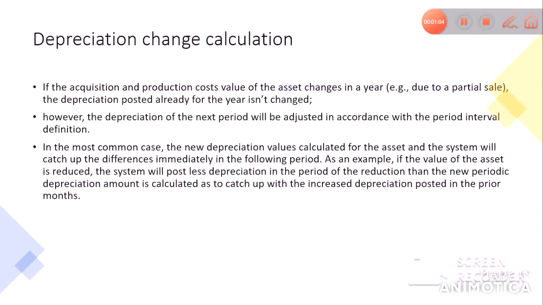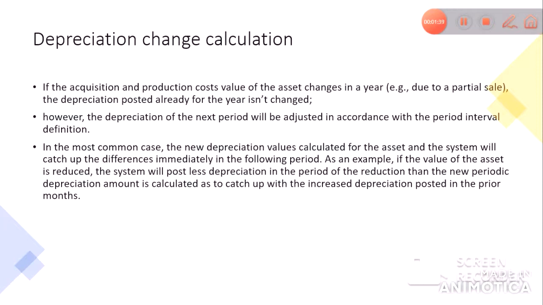Depreciation change calculation. If we change something in the depreciation keys or make any changes with the transactions to the asset related values, the depreciation will automatically change the planned values, and in the next depreciation run it will update the values as per the new changes.